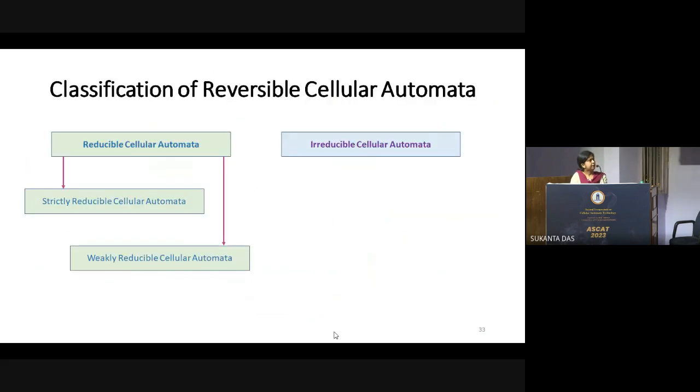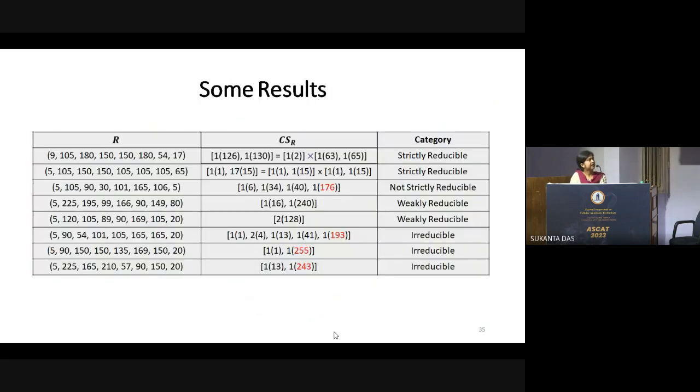So we figure out some properties, and by these properties we identify whether the given CA is strictly reducible, weakly reducible, or irreducible. I just pointed out a few examples. The first one is strictly reducible, because it can be broken into two CAs. The second one also can be broken into two CAs.